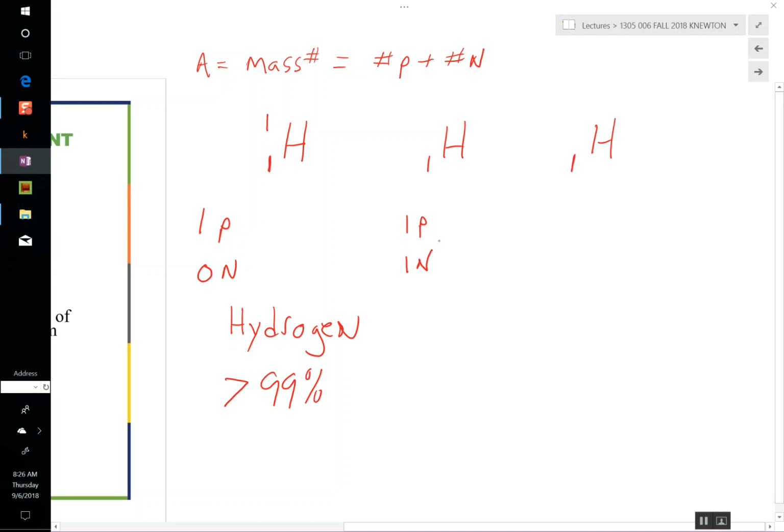Now, what would its mass number be? 2. All right? We add those up. And that would be the symbol for that isotope. And that isotope is called deuterium.